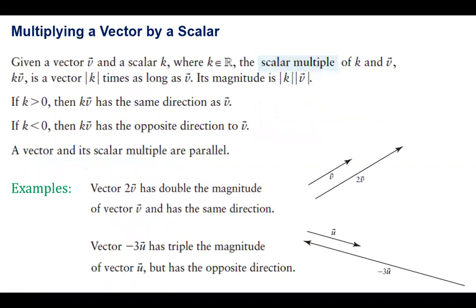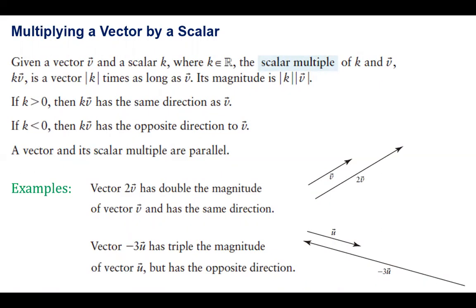Next, let's have a look at multiplying a vector by a scalar. Given a vector v and a scalar k, where k belongs to the real number set, the scalar multiple of k and v, kv, is a vector k times as long as vector v.